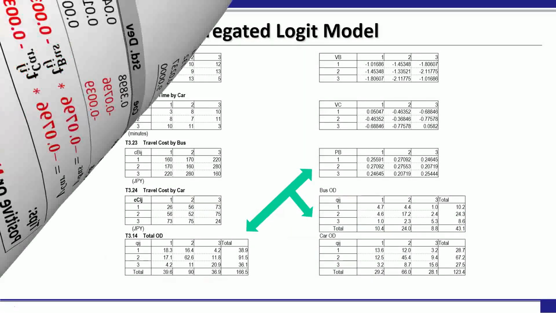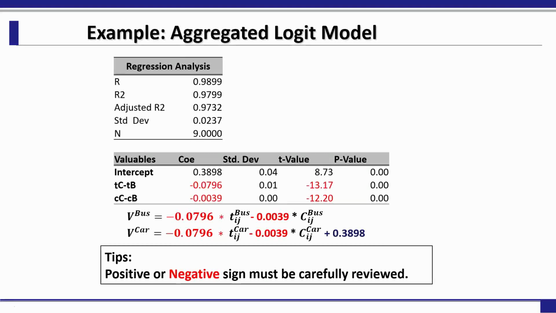I have a question. What if the coefficient, the intercept, is negative? Will it affect the result? For example, if the travel time and travel cost are totally the same between the private car and the public transport, which mode will you use?